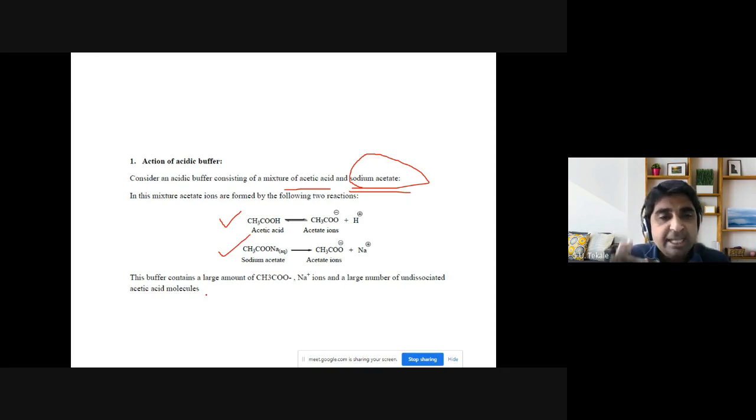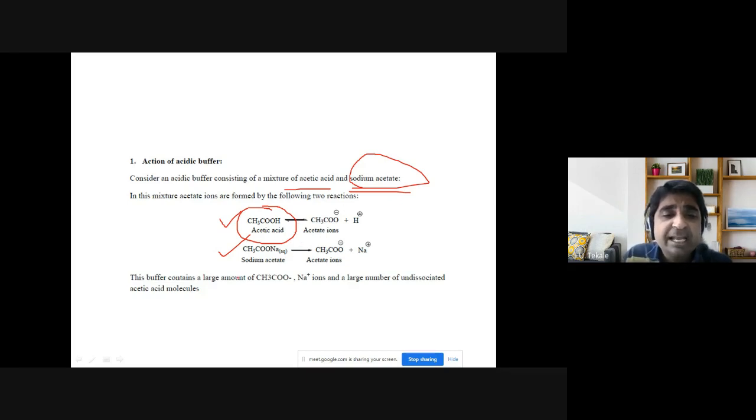So there will be a large amount of acetate ions, sodium ions, and undissociated acetic acid molecules, because acetic acid is a weak electrolyte.